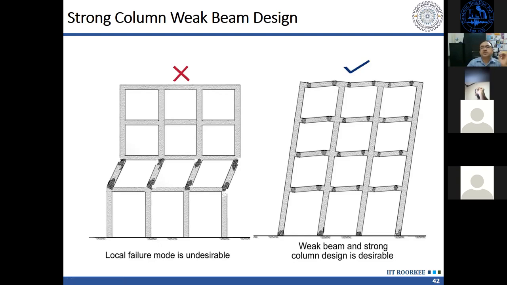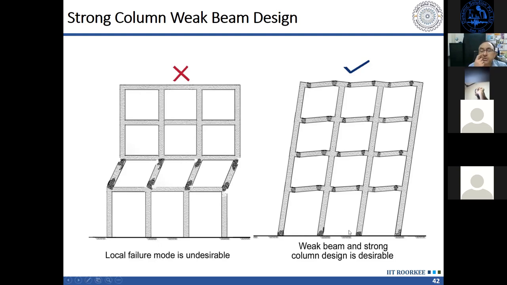Axial force is resisted by the slab. So beams are subjected to almost zero axial force or very little axial force. And as a result, the ductility of beams is much more than the columns, which are subjected to axial force, PM interaction. So there the ductility is much less. That's why this is a preferable mode.